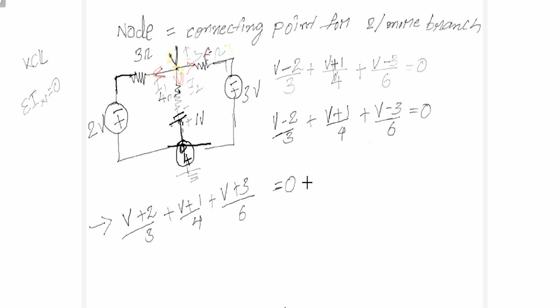So here we got one equation. How many unknown variables are there? Only one unknown variable. So can you directly find the V value? Yes.